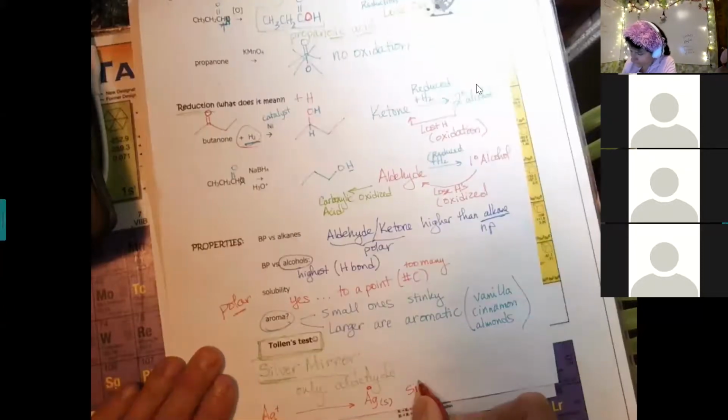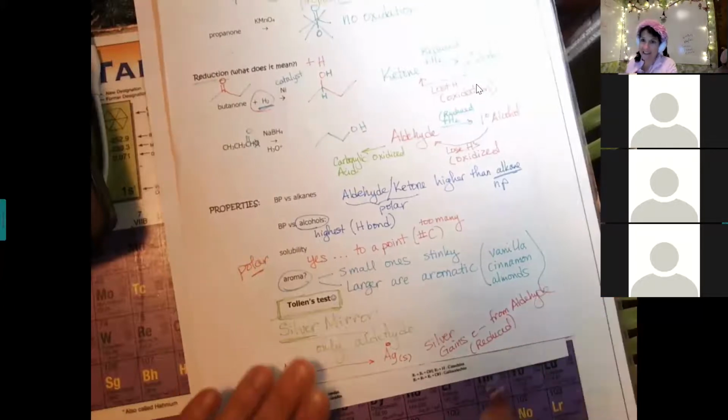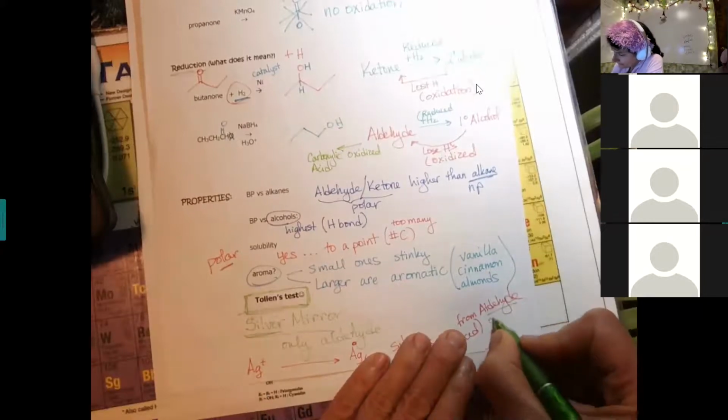So it's reduced, and it gains an electron from the aldehyde. It is because an aldehyde is the easiest thing to oxidize. Nothing else will do this. Alcohols will not. But it's so easy to steal electrons from an aldehyde that something as simple as a silver ion can do it.